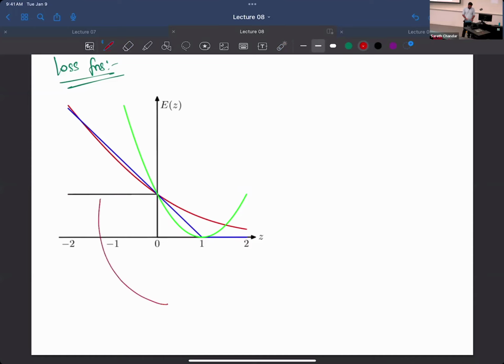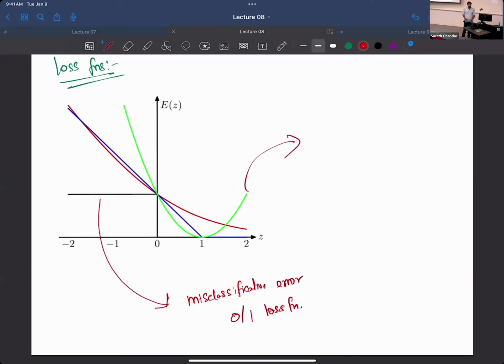The step function that you see here is the misclassification error, the 0-1 loss function. Now, what about the green one?